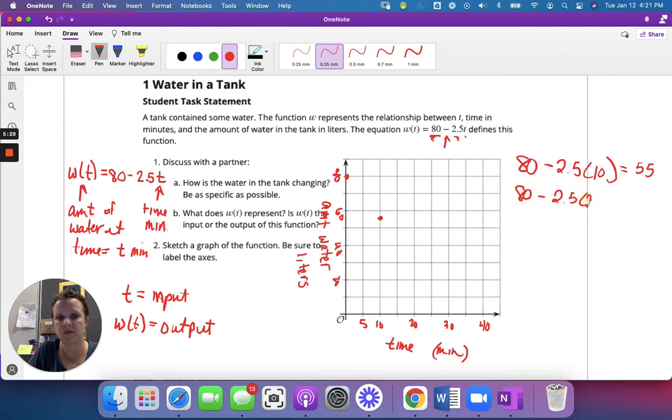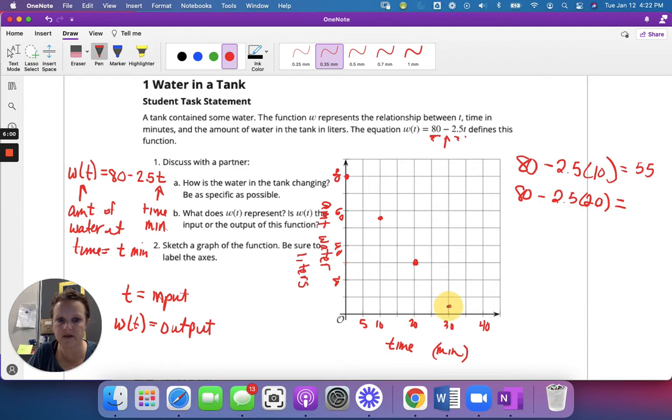So when my input is 20 minutes, 80 minus 2.5 times 20, 30. So at 20 minutes, I'm at 30 liters.